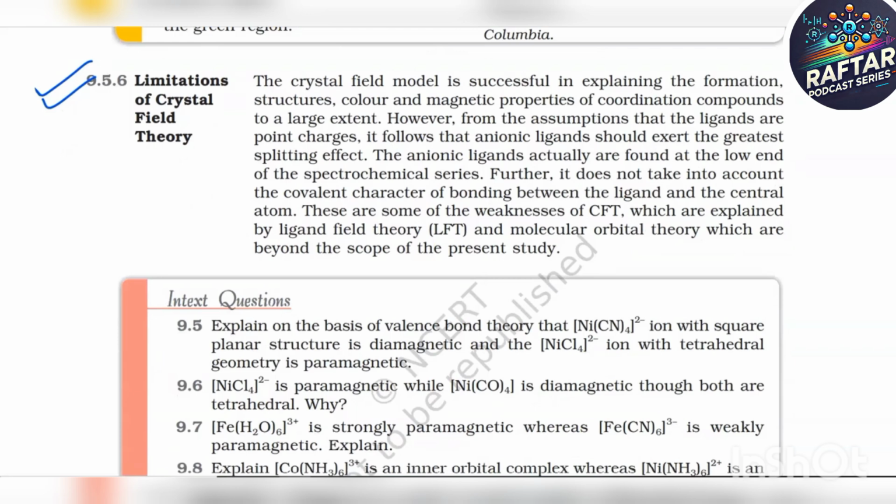The anionic ligands are actually found at the low end of the spectrochemical series. Further, it does not take into account the covalent character of bonding between the ligand and the central atom. These are some of the weaknesses of CFT, which are explained by ligand field theory and molecular orbital theory, which are beyond the scope of the present study.